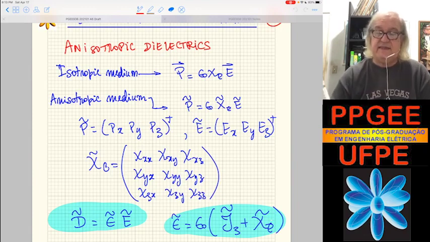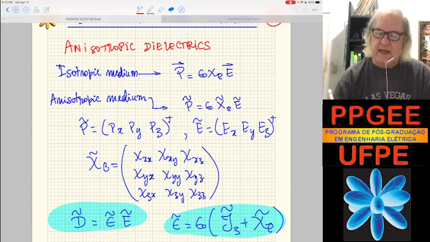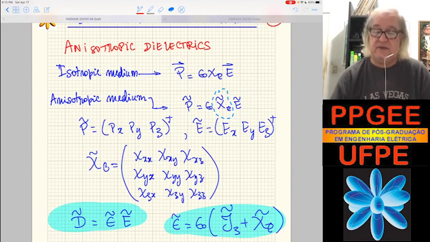So in this case, we can have a linear relationship, but it's not a scalar relation, we have a matrix relationship. Now we have a susceptibility matrix, or tensor, if you want. These are tensors.